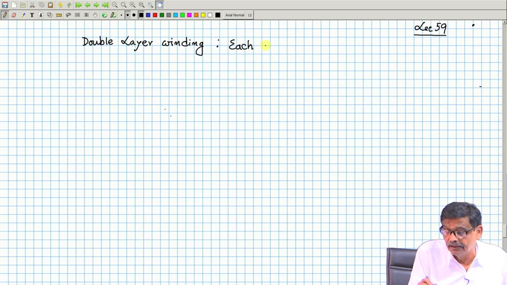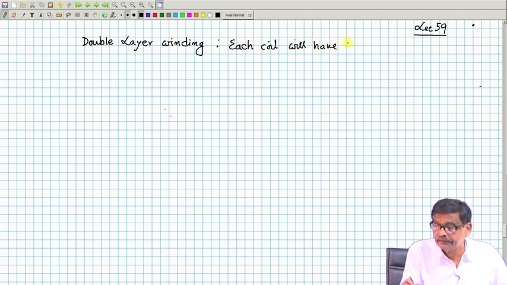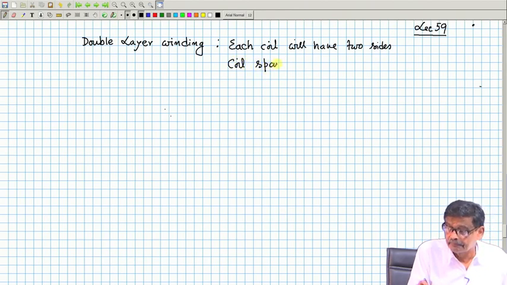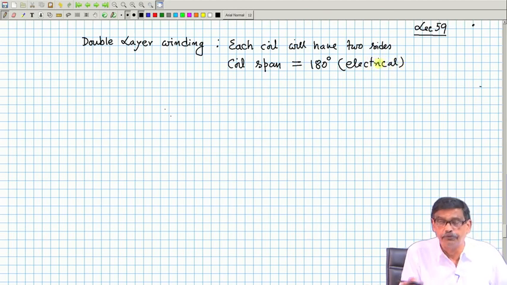Each coil will have two sides, and we will assume coil span is equal to 180 degree electrical. This I have to do in order to maximize the voltage, that is what I explained in the last class.